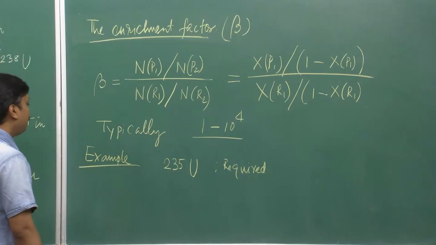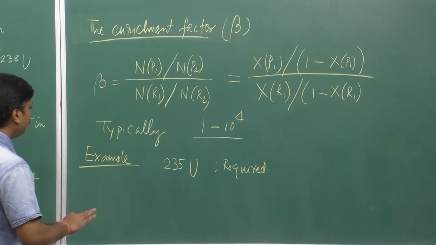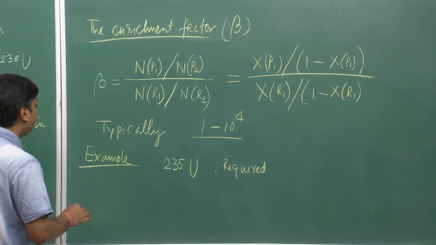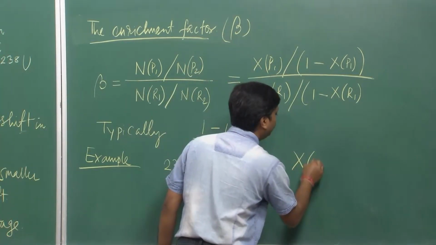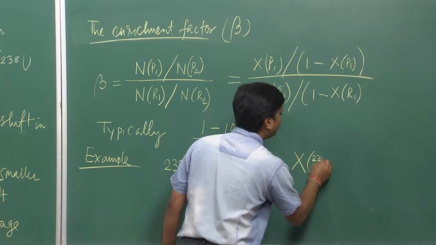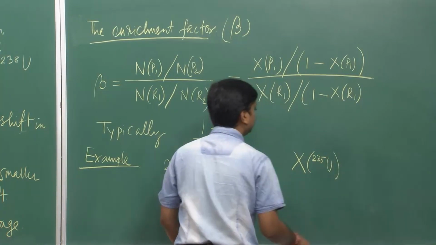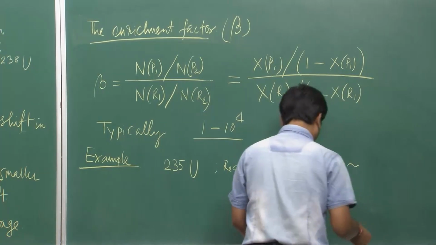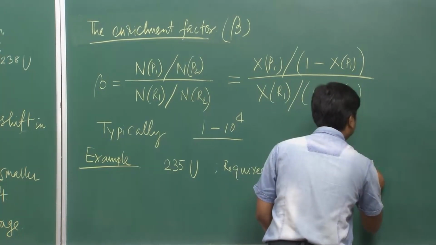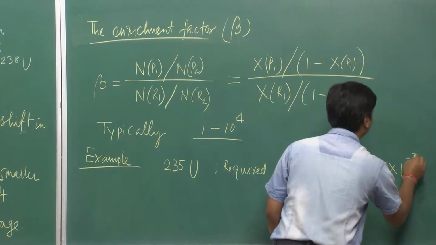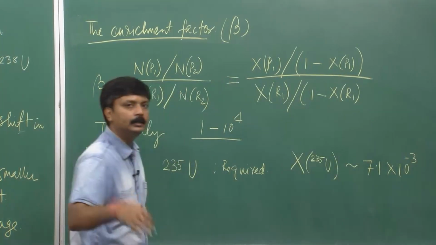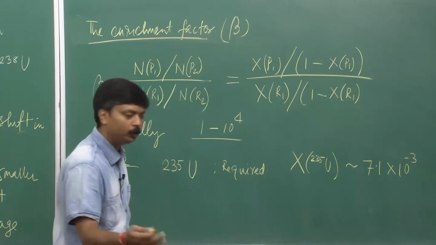Okay. Now, we have a mole fraction that is naturally available of uranium 235, which is approximately 7 into 10 to the power minus 3. Okay, when I consider 235 and 238 isotopes.